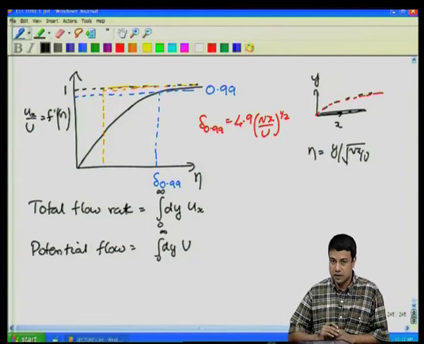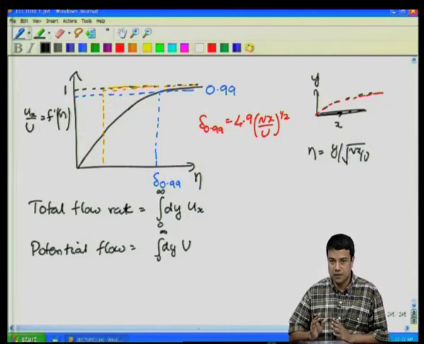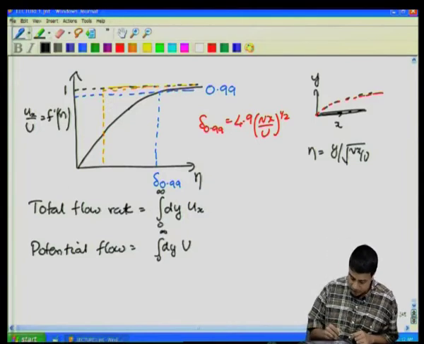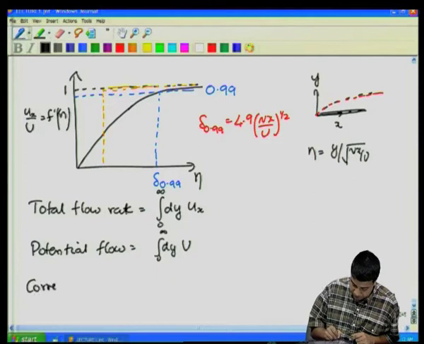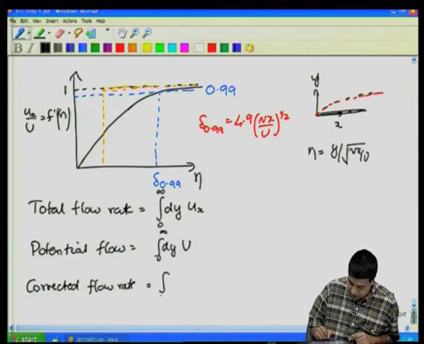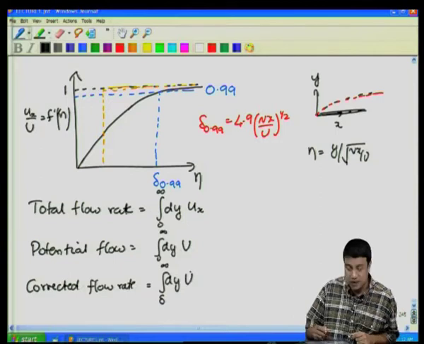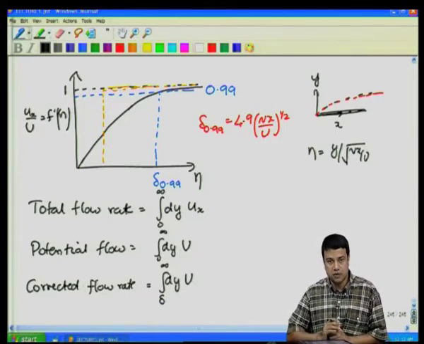This is not correct, because the velocity is coming down to 0 at the surface itself. So, this is over predicting the flow rate. So, in order to correct the potential flow rate, you displace the boundary layer by a distance delta star, while retaining the same outer free stream velocity.